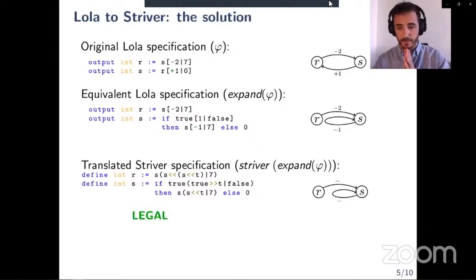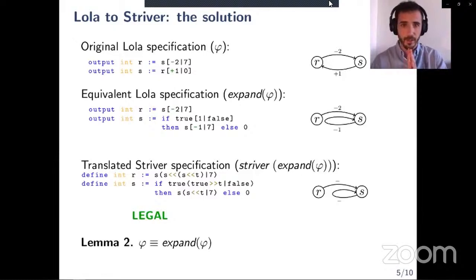So the steps are that we take a Lola specification, we expand it to get rid of the cycles with mixed edges, and then we translate the resulting Lola specification to Striver. In lemma 2 in our paper, we show that this can always be done for any Lola specification.